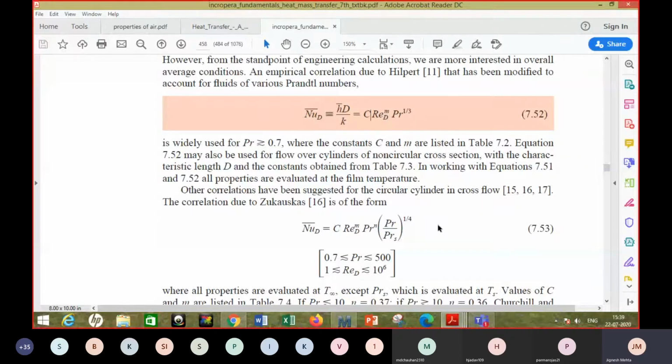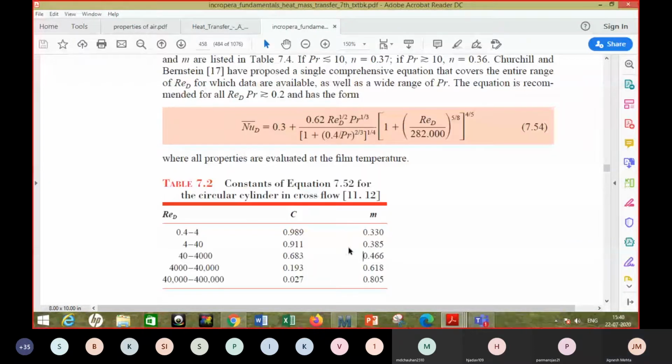Okay. There is one more which is proposed, and that is more useful when the temperature difference between the surface and the fluid is very large, right? So in that case, the one by Zukauskas may be used. There is a more general correlation by Churchill and Bernstein. It is applicable over a very wide range of Reynolds number and Prandtl number.